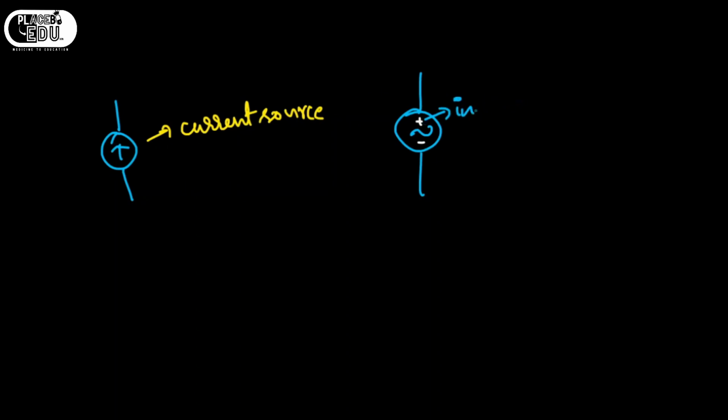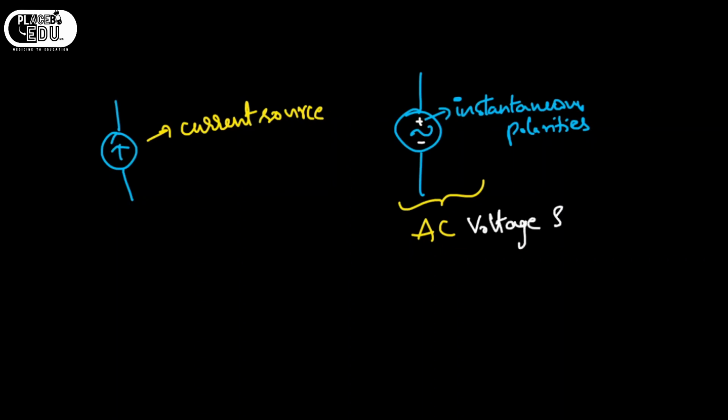AC voltage source will not have polarities, but these are instantaneous polarities. That means for that instant, this is positive and this is negative. So this is the example for an AC voltage source.